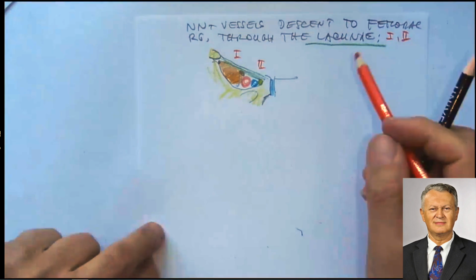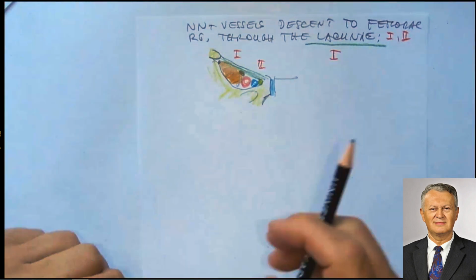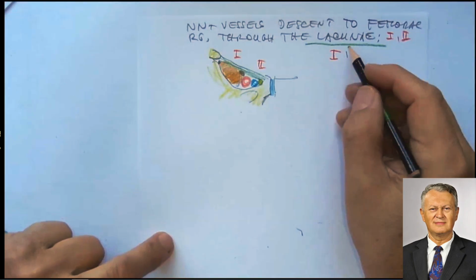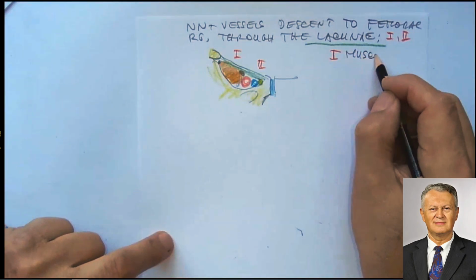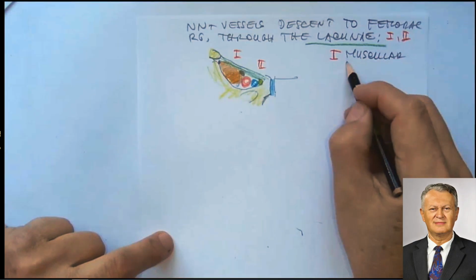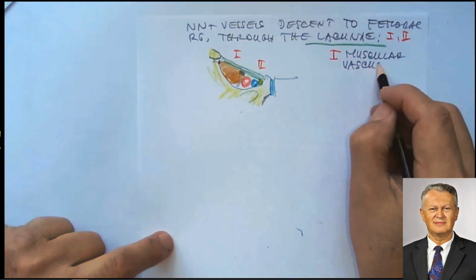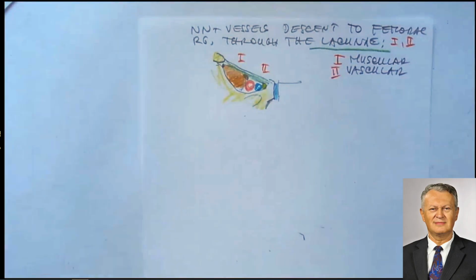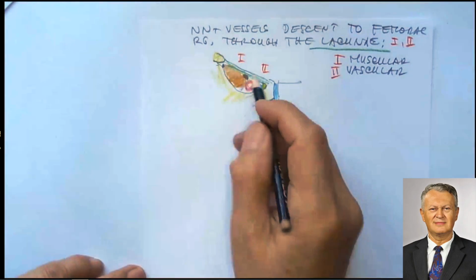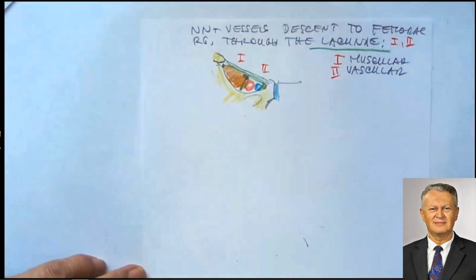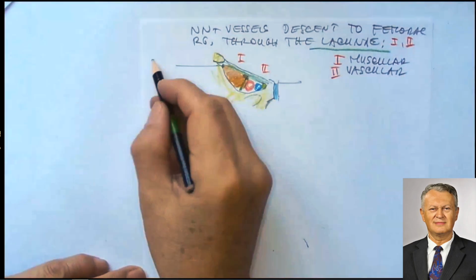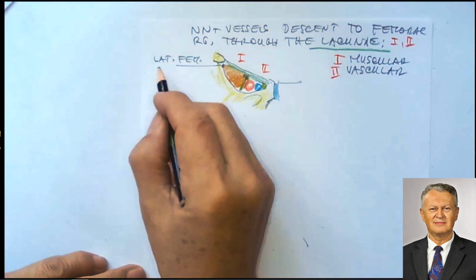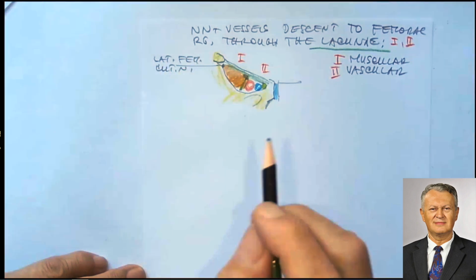Number 1 is the muscular lacuna, and number 2 is the vascular lacuna. And this is the muscular. There is a small septum which contains the lateral femoral cutaneous nerve, sensory.